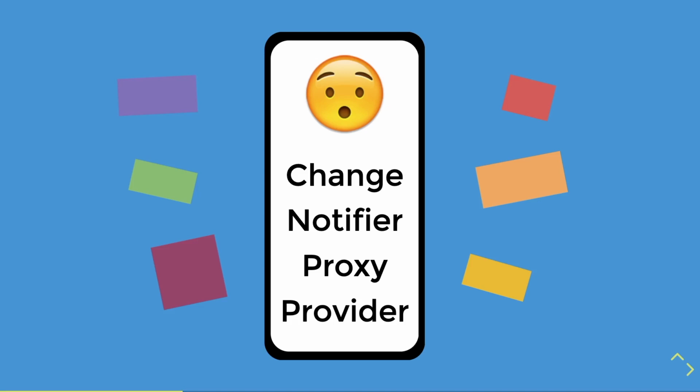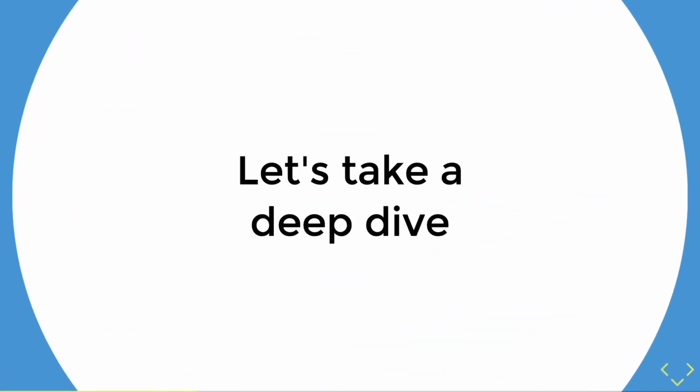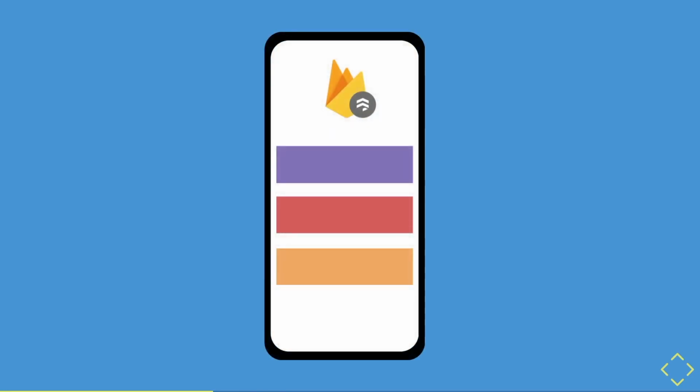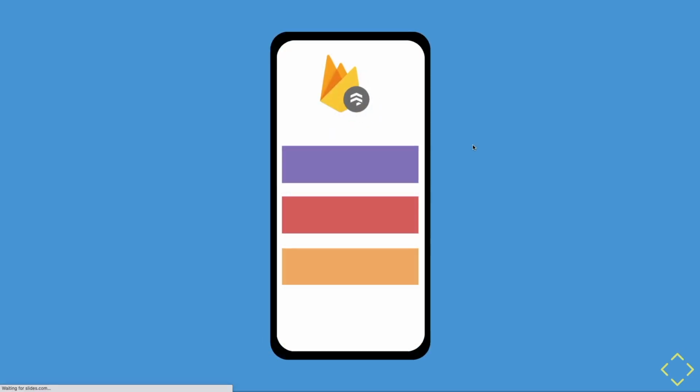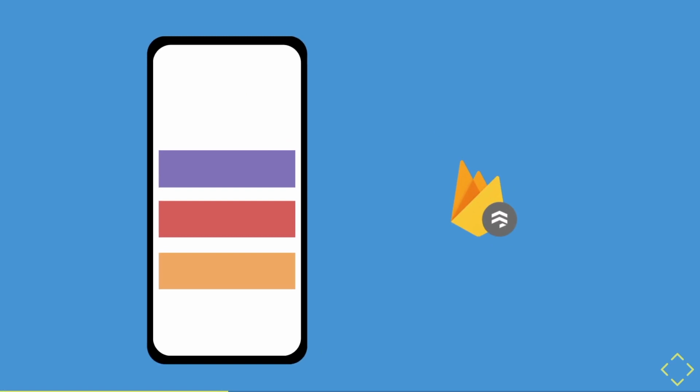Now, let's take a deep dive into what is actually happening in the example app we had earlier. As you can see, we have a Firestore database attached to this app. If we were to change the position of the buttons of the app, we will have our red button on top instead of the purple. Remember this for a later part of this video.